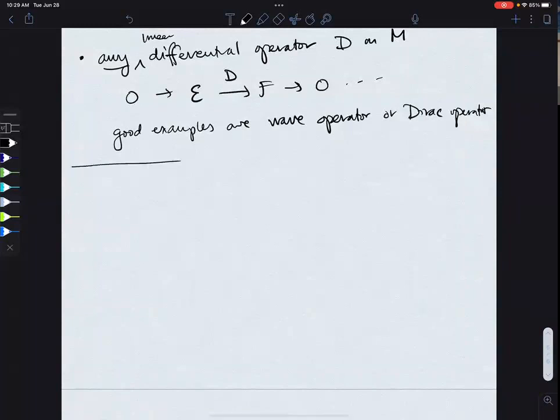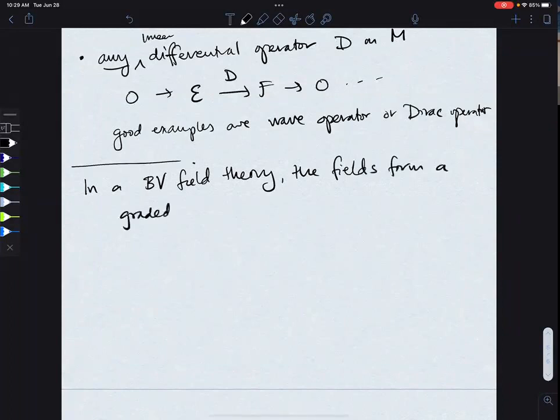So maybe as an orienting remark, in a BV field theory, when you do field theory in the Batalin-Vilkovisky formalism, the fields, so the sections of some vector bundle, form a graded vector space. Every field has a ghost number, if you want, which is its cohomological degree.